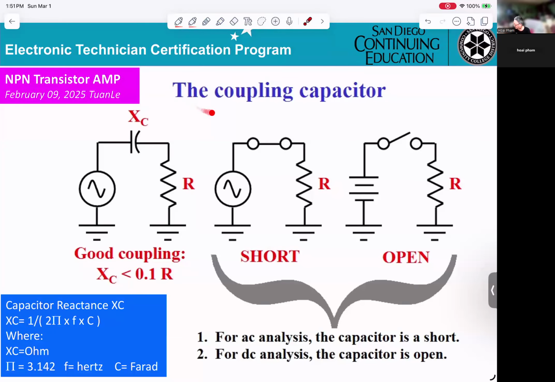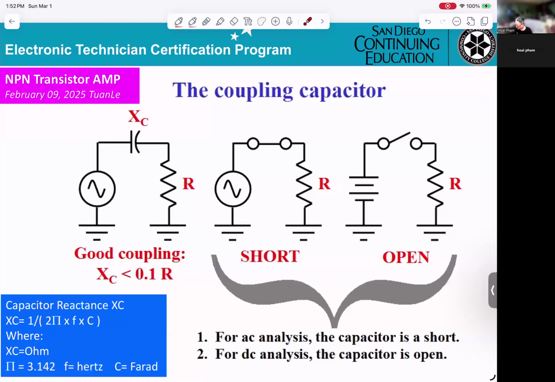The first thing I'd like to talk about is the coupling capacitor. You see this is the AC signal and this is a capacitor.